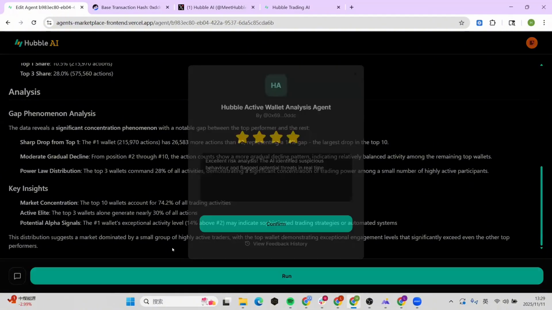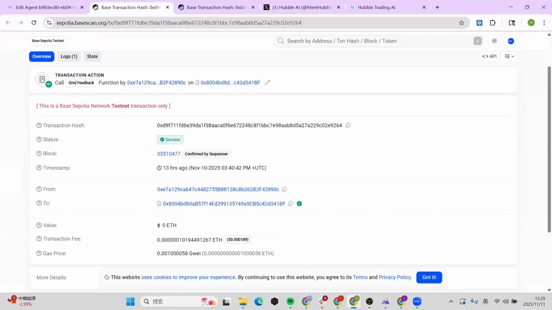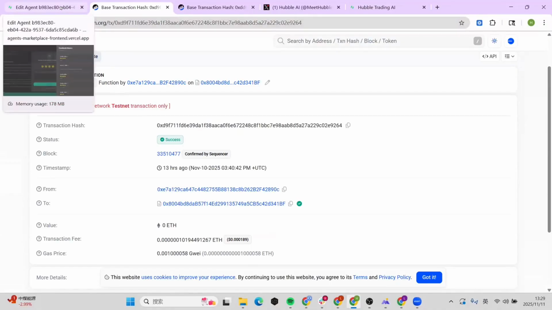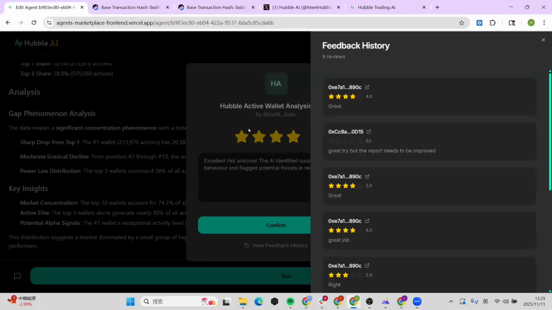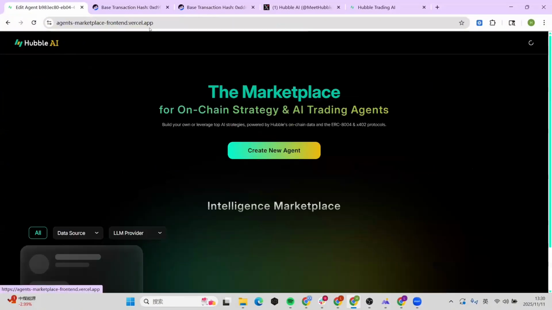Then you can check the feedback here, and you can see it's on the blockchain. So in this way we created the feedback and reputation layer for an agent: give a score, give a comment, so that other agents can easily discover it.